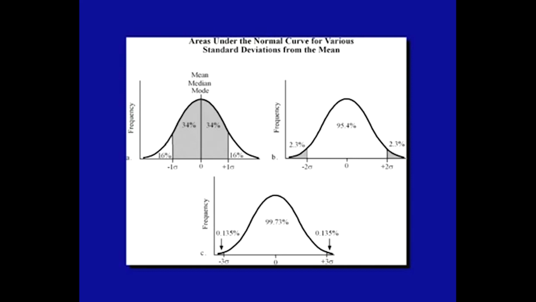When this is increased to 2 sigma, the area under the curve increases to 95.4%, and if the 3 sigma condition is taken, then the area under the normal distribution curve is 99.73%.